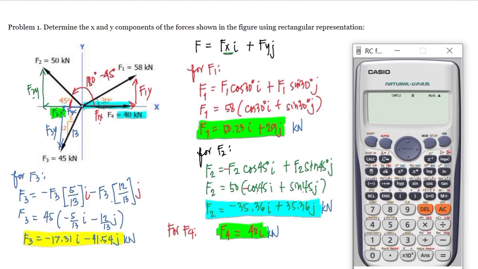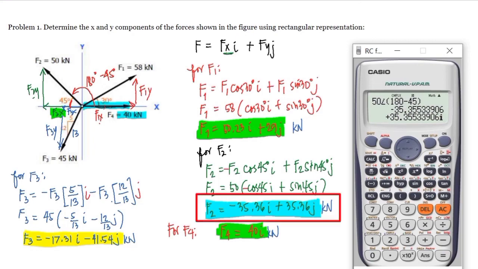So 50 angle, for the angle, that is 180 minus 45. And we have here negative 35.36i and plus 35.36j.